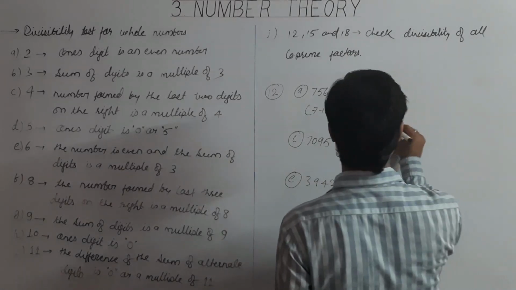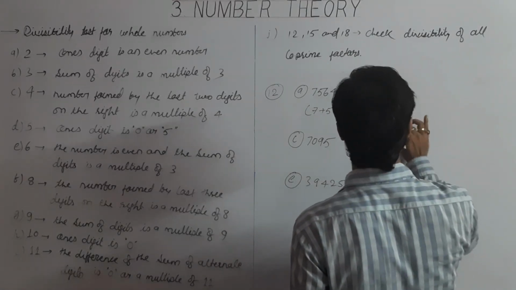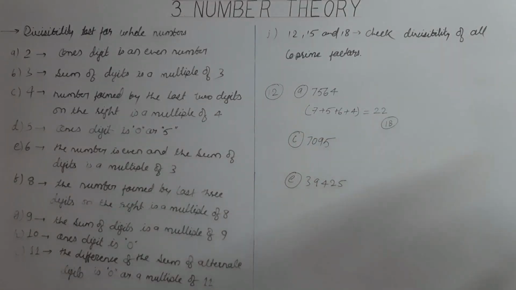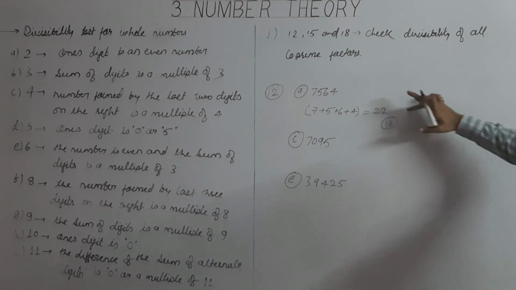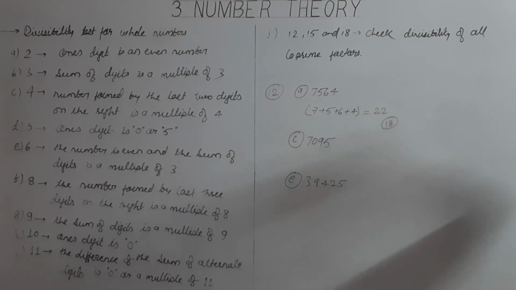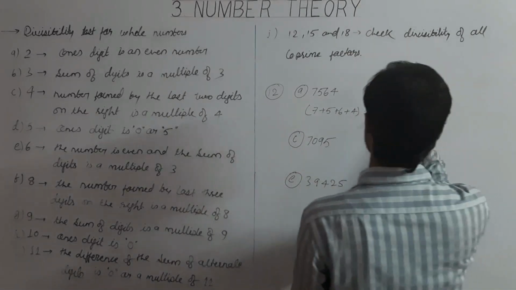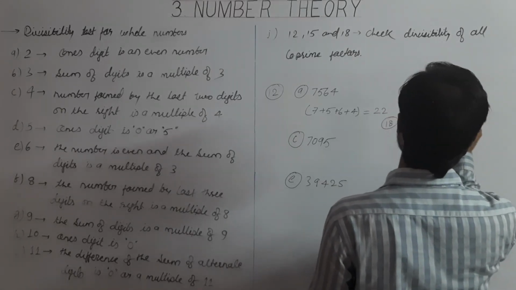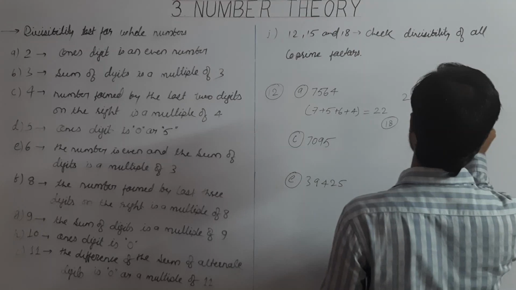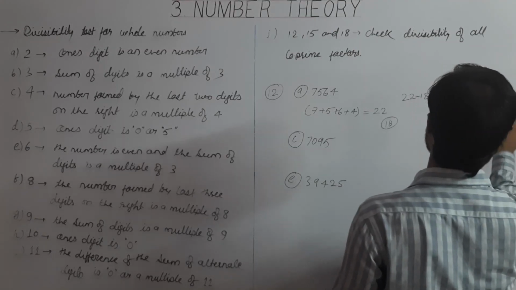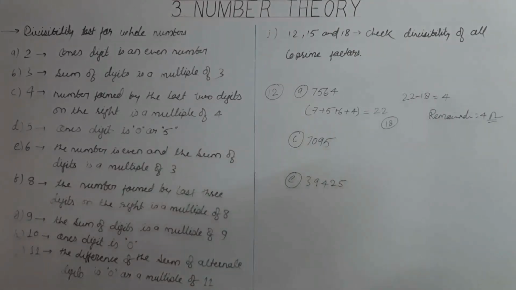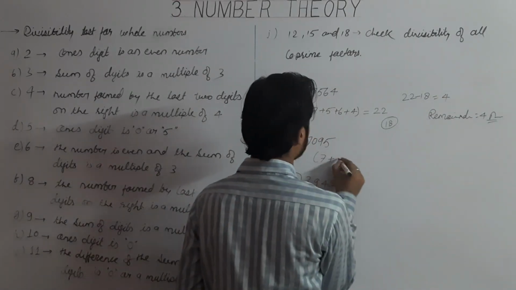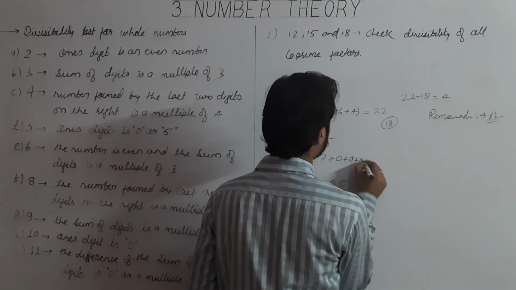So after 18, the total of these digits is 22. So the difference of 22 and 18 will be the remainder. So here 22 minus 18 is 4. So remainder is 4. Again for the second question, 7095. We have to add them. 7 plus 0 plus 9 plus 5.